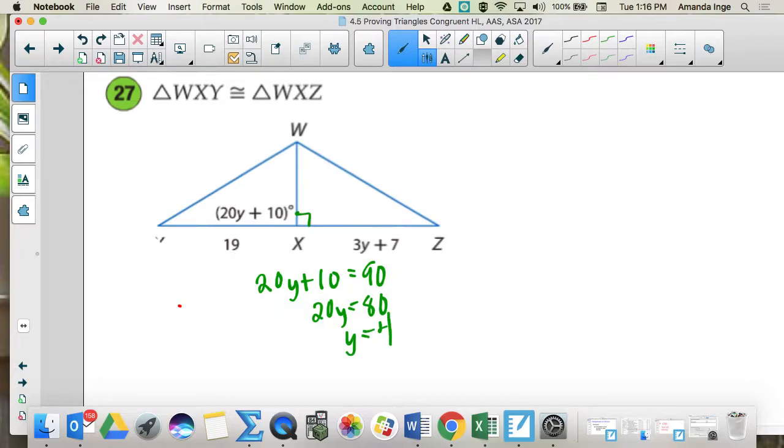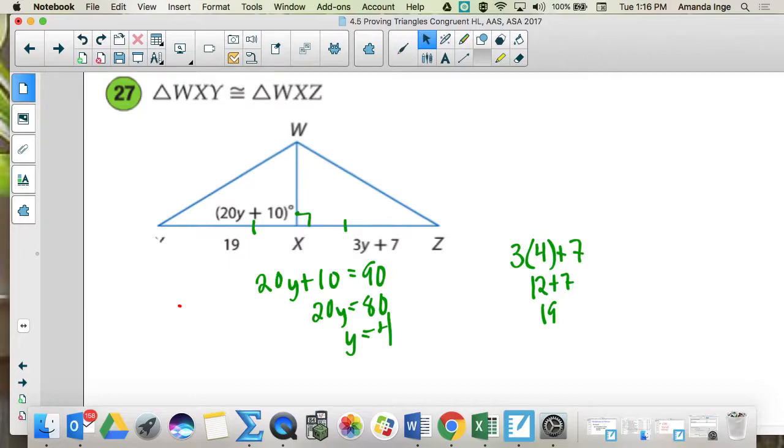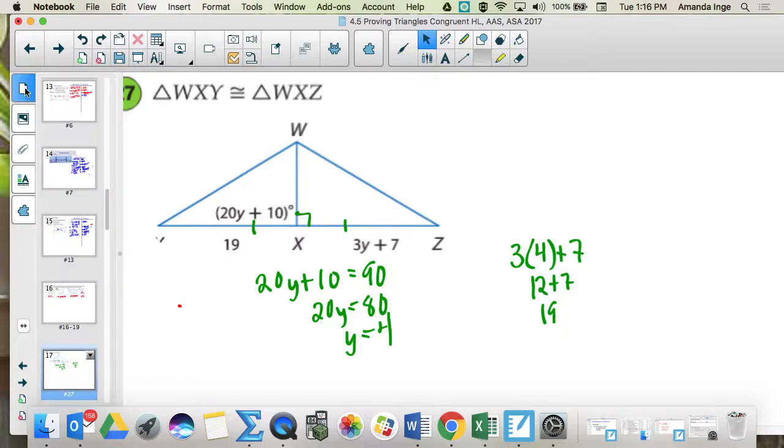If y is equal to 4, we can plug 4 back in here and get that piece, which is 12 plus 7 or 19. So this side was 19 and this side is 19. I took 4 and plugged it in there. Okay, you can get 12 plus 7, 19.